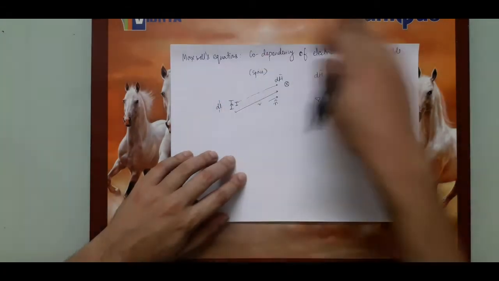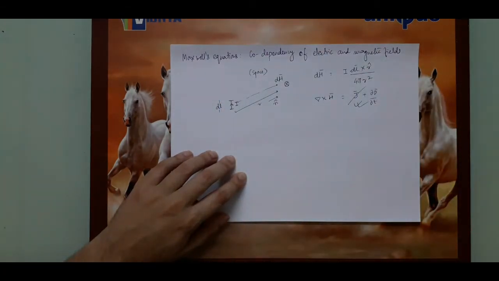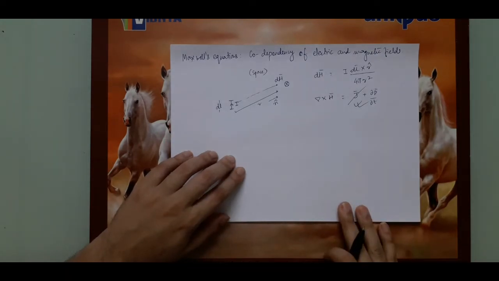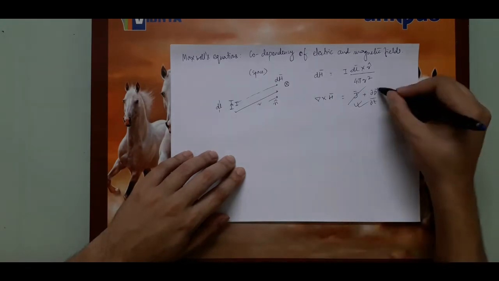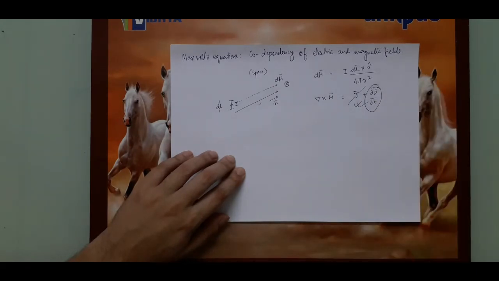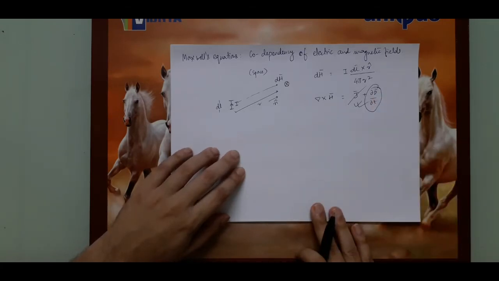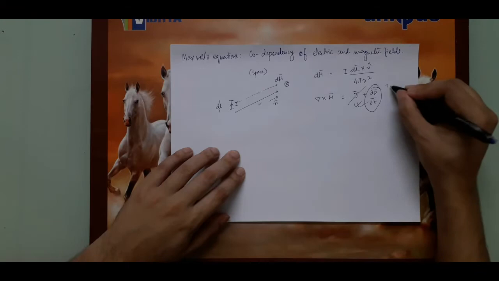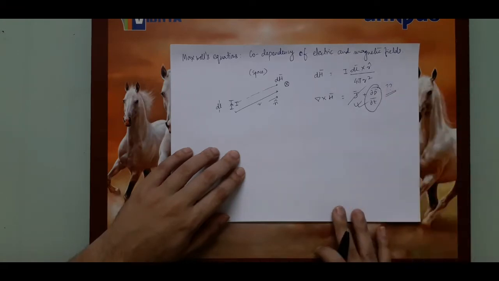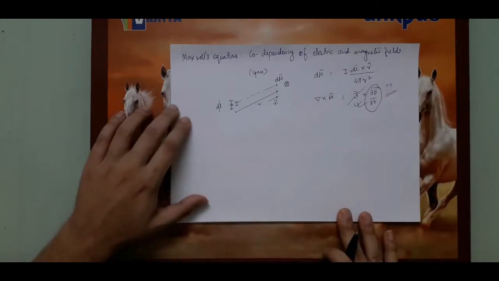Now whether it's a closed loop or something like that, that comes later. But due to the static nature of this magnetic field, there may not be any electric displacement. So therefore, if there is no electric displacement, there will be no electric field.